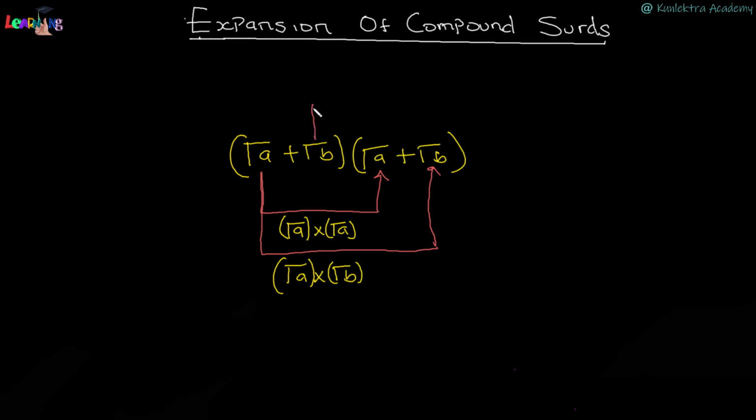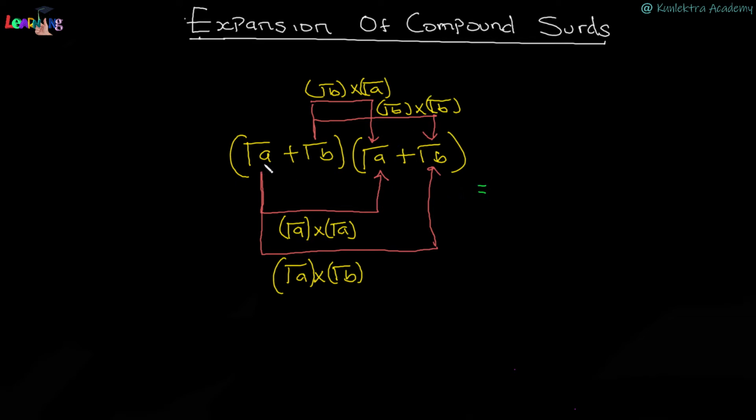We multiply the first one here, and you have root B times root A. This also will multiply the second variable, that will be root B times root B. Now, let's pick them one by one to analyze it.